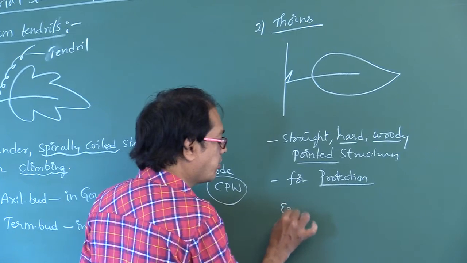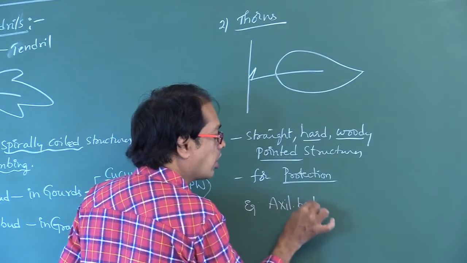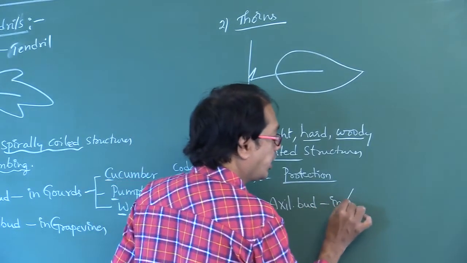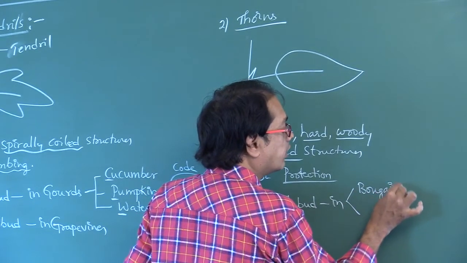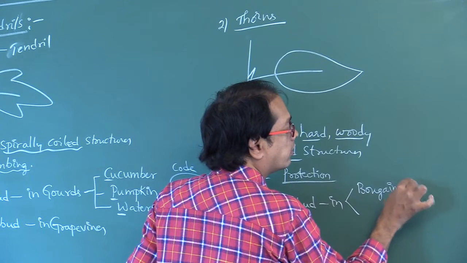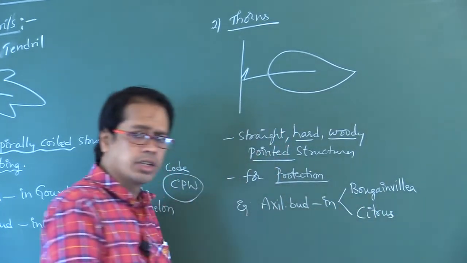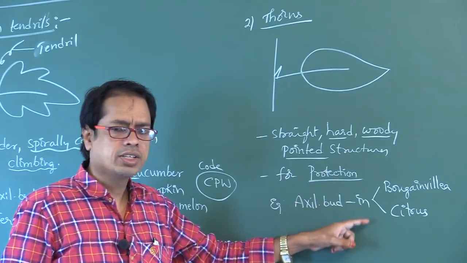And what are the examples? The axillary bud is modified into a thorn in bougainvillea and citrus. So thorns are found in bougainvillea, citrus.